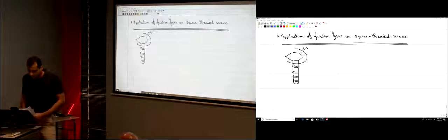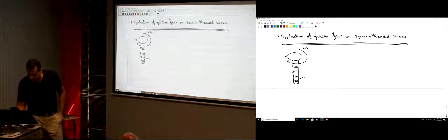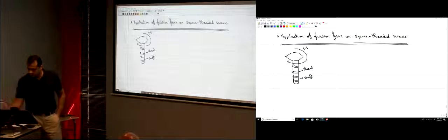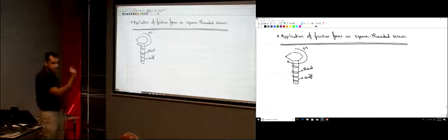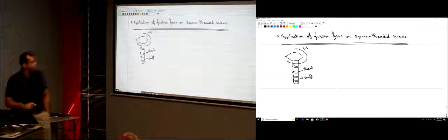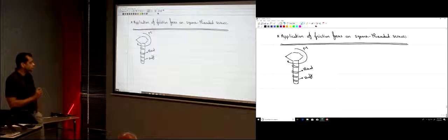So here this is the shaft of the screw, and here those are the threads. We're talking here about the specific case of square threads. So the threads here have the shape of a square. There are V threads, but our discussion here is on square threaded screws.